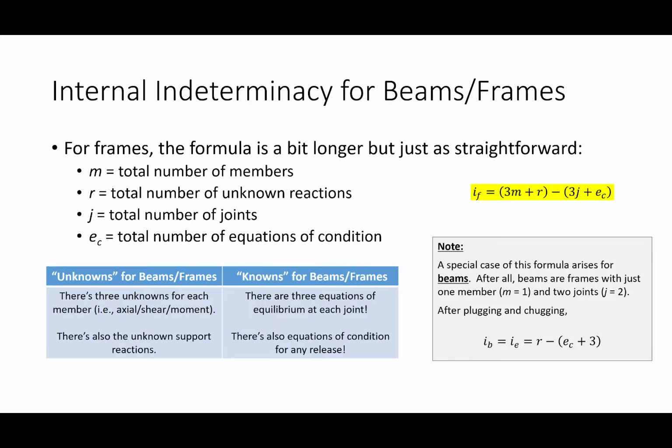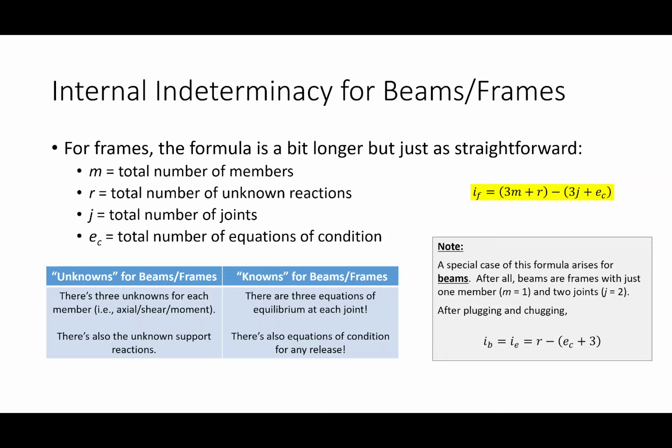In fact, for beams, a simple way of saying it is that the number of joints is also equal to the number of members plus 1, right? Because if I take a beam, let's say I discretize it with 5 joints, 1, 2, 3, 4, 5 joints, 1, 2, 3, 4 members, there's always one more joint.